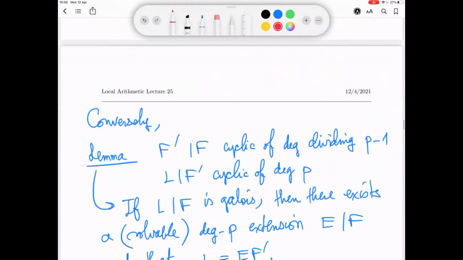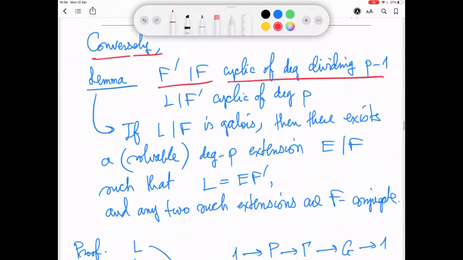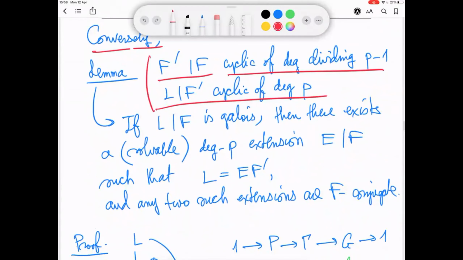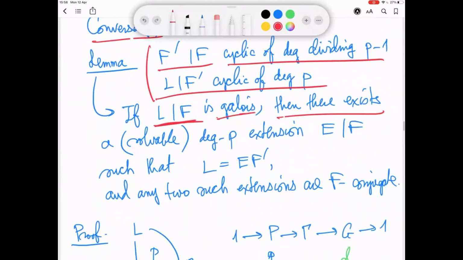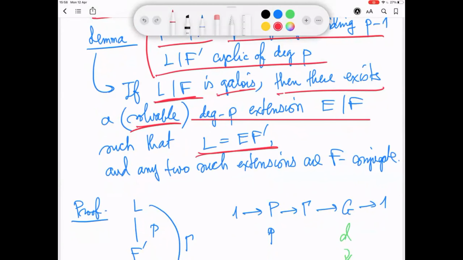Now there's a converse to this. What does the converse say? That if I have a cyclic extension F prime of degree dividing P minus 1, and a cyclic extension L of degree P of that F prime, that is what is given to me. And the lemma says that if by any chance L is Galois over F, then there exists a degree P extension E of F, which is solvable, such that L is equal to EF prime.